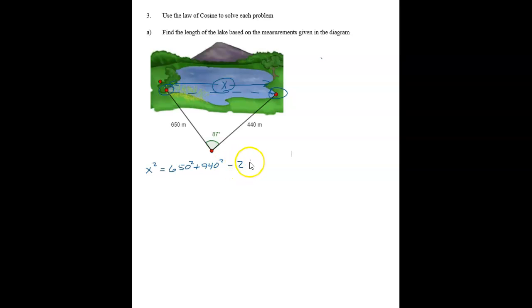Subtract 2 times both those measurements. And then times cosine. So it's always the angle across from X. So we're going to begin with the length of X, and then we're going to end with using the angle across from X.